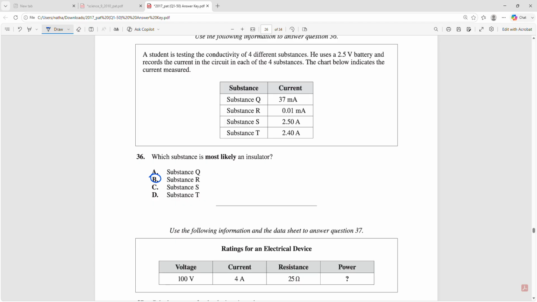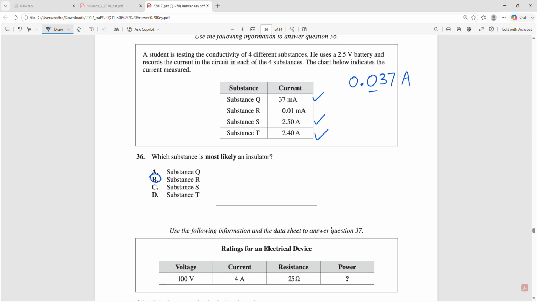So he's measuring the current flowing through these different substances, and we have 2.5 amps being the highest, 2.4 amps being the next one, and 37 milliamps. Remember, milliamps is going to be like 0.037 amps.